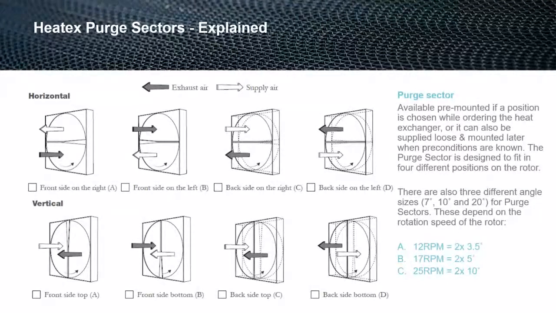And then we go all the way through to 25 RPM, which would be something like a 3 angstrom molecular sieve type rotor. Again, because the rotation is so fast, we need to have much bigger angles of purge. And the 2 part again comes from the top and the bottom of the divider beam, whether that's vertical or horizontal.